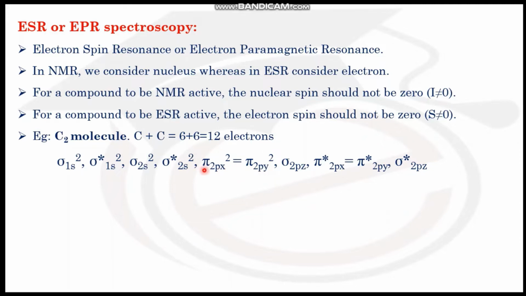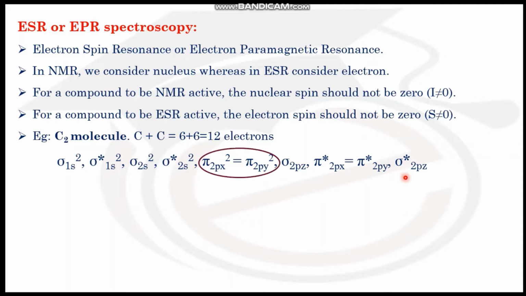Based on Hund's rule, first we give one electron to both, and only then will they pair. Then sigma 2px2, pi 2px2, pi 2py2: 2, 4, 6, 8, 10, 12. Then we have filled the electrons in these MOs.